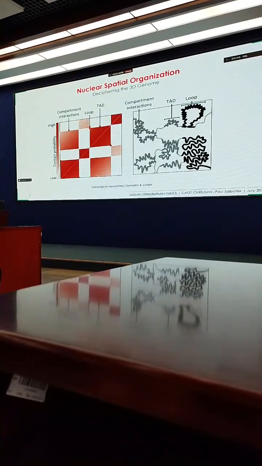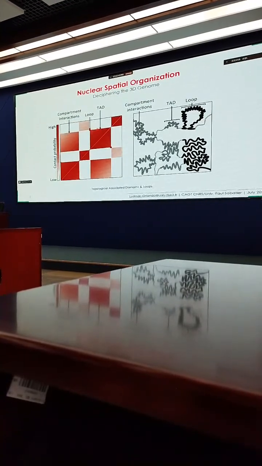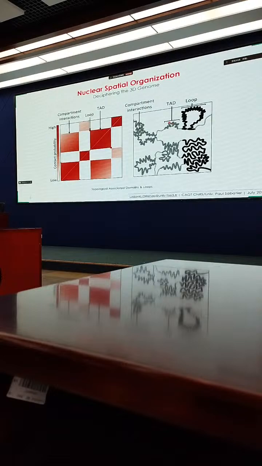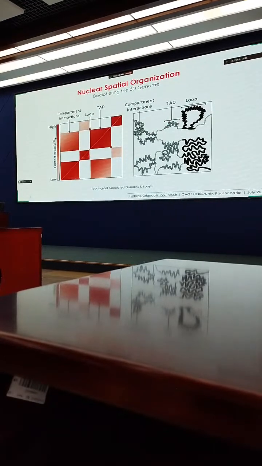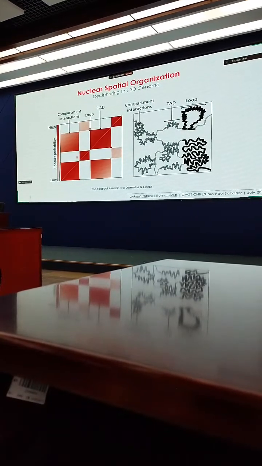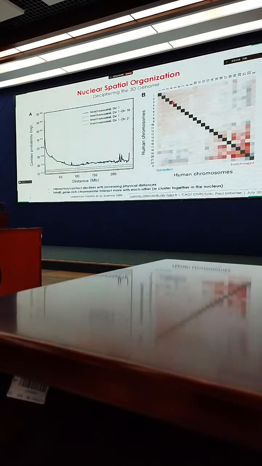So the loop will be here in the plot, and this long thing will be the distance that will be covered here, okay? And you have some organizations, such as the TAD, that is at this scale or at that scale. It depends on which TAD you are thinking about. Okay, so really please think about the genome as spatially organized.